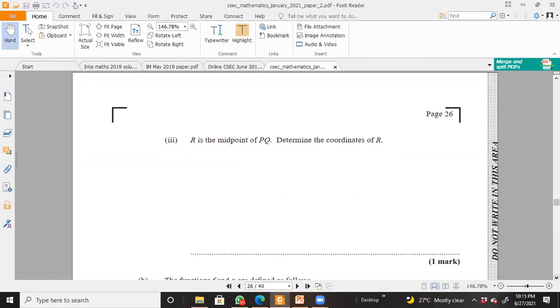Now they're asking for the midpoint. So it's the same thing, but this time we are looking for the midpoint. Remember that all these formulas, you have to know them from your head: the length, the gradient, the midpoint. Anybody remember the formula for midpoint?